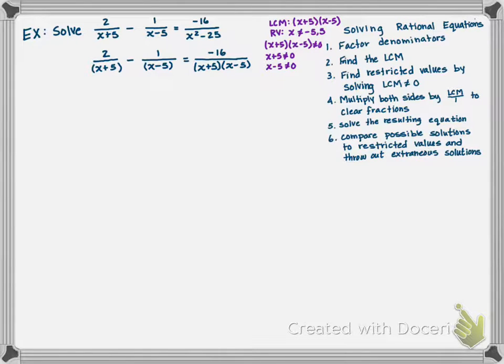Let's see if I can fit all of this on here. So we have x plus 5 times x minus 5 over 1 times 2 over x plus 5, minus my LCM again over 1 times 1 over x minus 5 equals my LCM over 1 times negative 16 over x plus 5 times x minus 5.